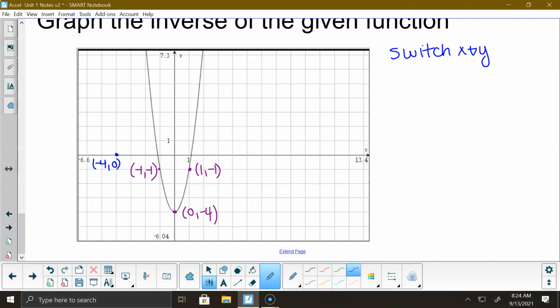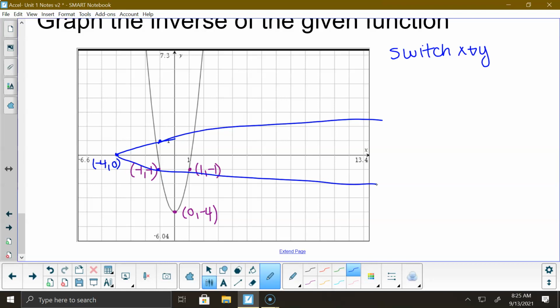All right. Negative 1, negative 1. Does anything change on that? No. The other one is now going to be negative 1, 1. That's up here. And then, see if I can do this. Something like that. That's it.